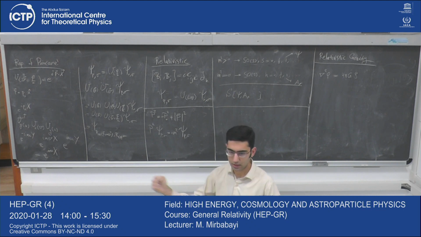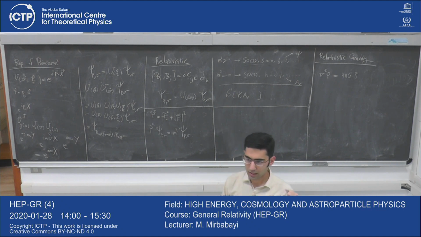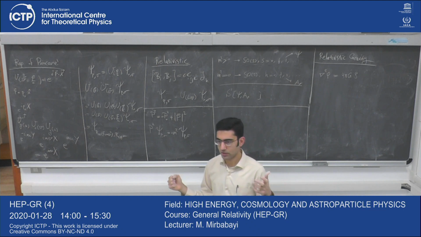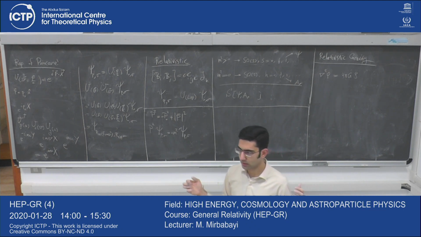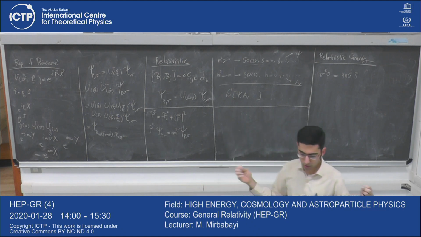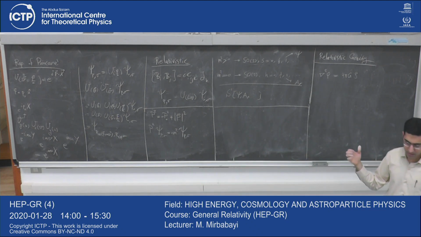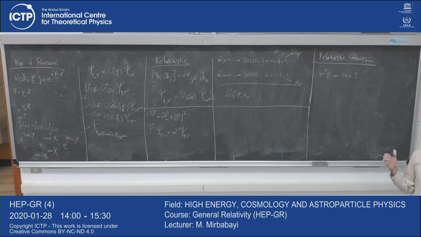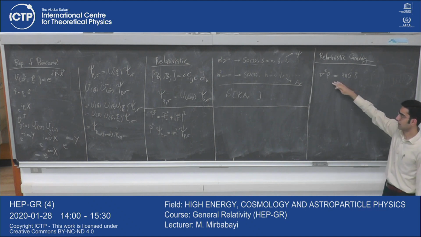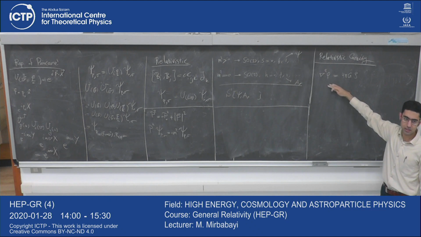When I move things, they instantaneously affect each other, which is of course something that is not acceptable in a relativistic theory, because equal time is not a well-defined notion in relativity. It's observer dependent. So of course this is not acceptable in a relativistic theory.